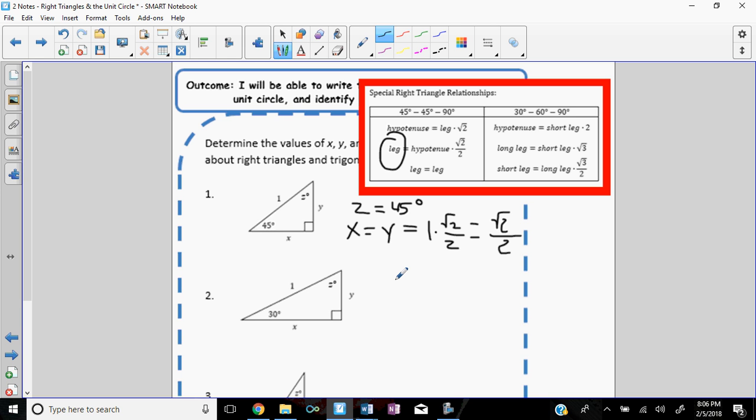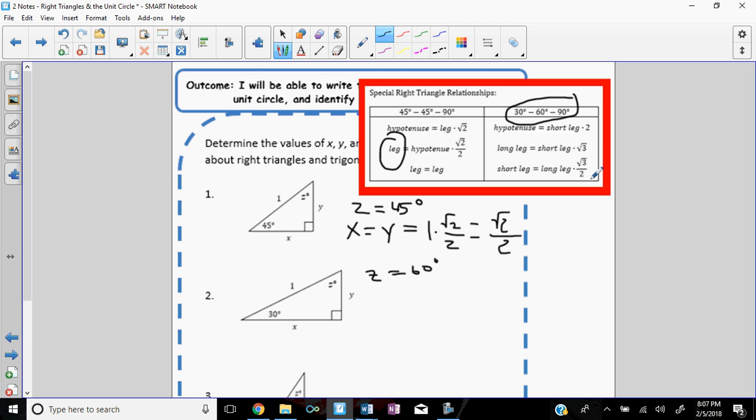This is another special right triangle. We know we have the 90 degrees here, the 30 degrees here, so that leaves Z to be a 60-degree angle. There we go. And so again, I know the hypotenuse is 1, and if I look at my relationship for the 30, 60, 90 degree, it says the short leg is going to equal the long leg times the square root of 3 over 2.